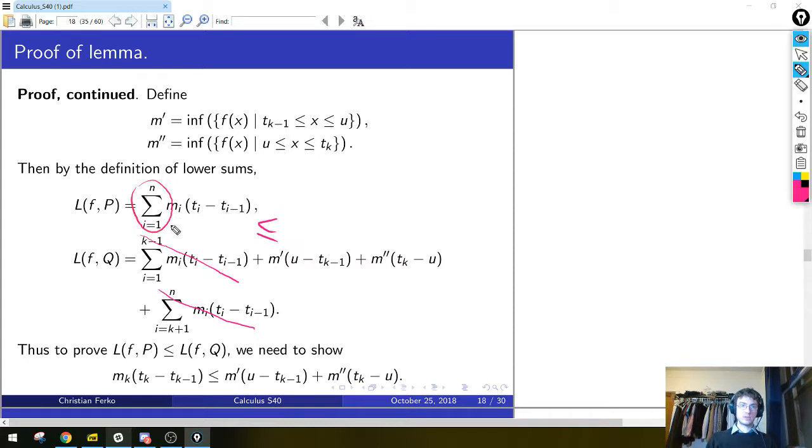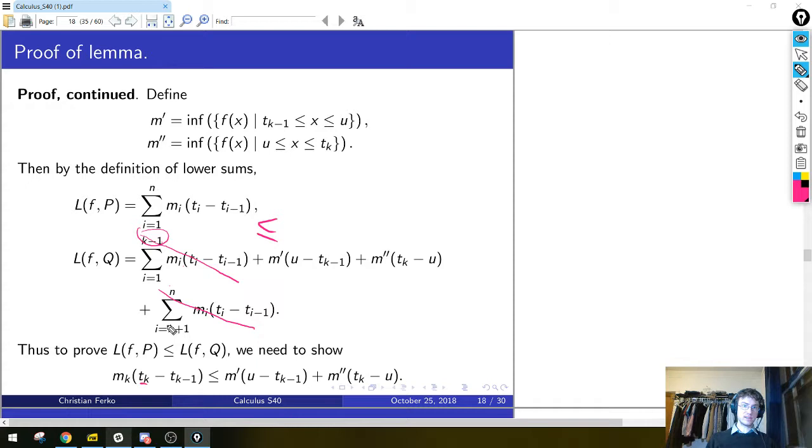Because notice this sum goes from 1 up to n, and now I'm subtracting from both sides the sums from 1 up to k minus 1 and the sums from k plus 1 up to n. So when I subtract those both off of the left, I'm left with only one term that wasn't in either of those sums, which is the guy right at k.